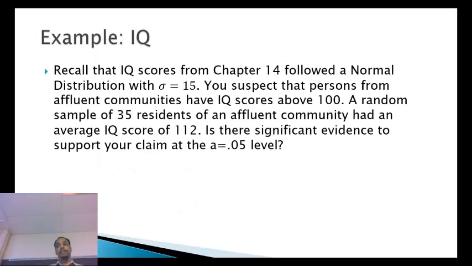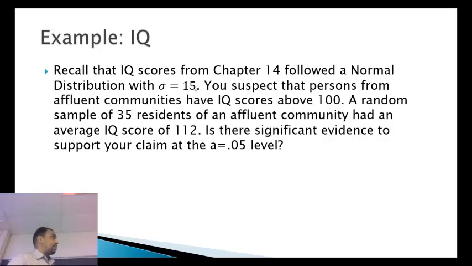And here we go with a grand old example on the back page. Recall that IQ scores from chapter 14 follow a normal distribution with a standard deviation of 15. People from affluent communities have IQ scores above 100, as your guess.